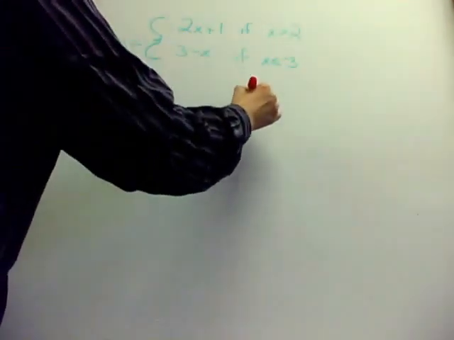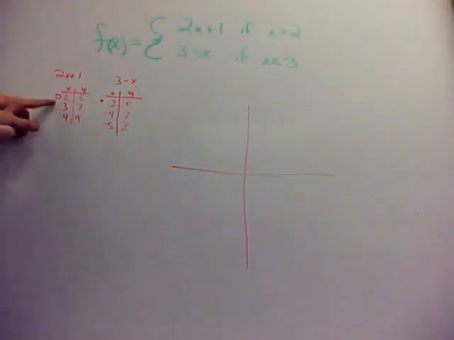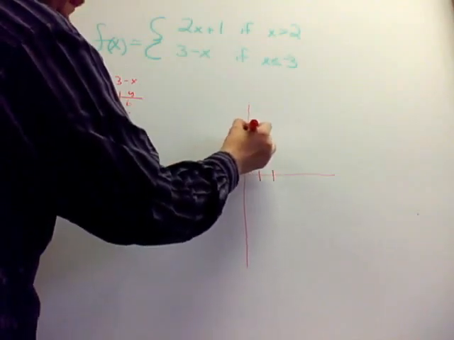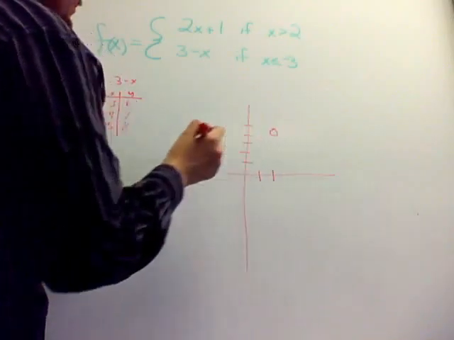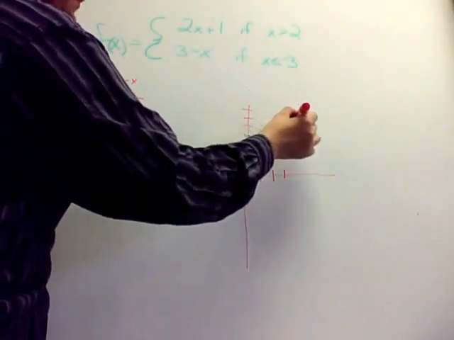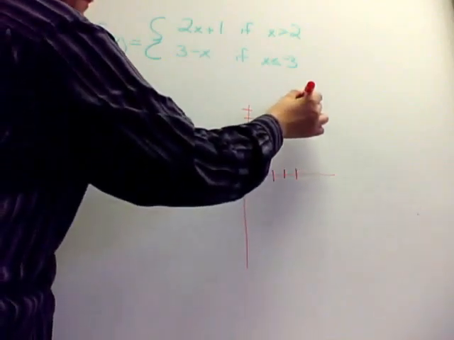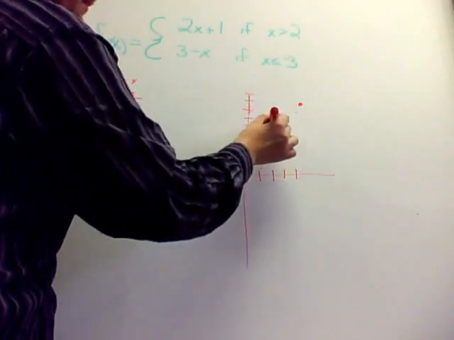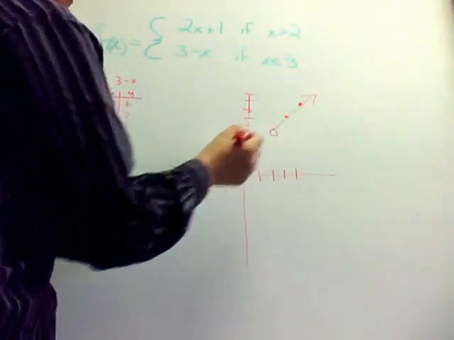Now we plot points. Looking at this one, (2, 5) is our first point, and that's an open circle. (3, 7) is the next point, and (4, 9). This was our start point, and these are the two points afterwards, so it's heading up this direction.